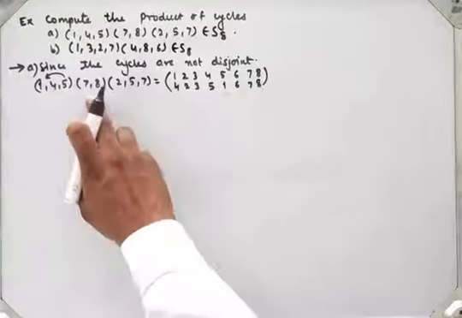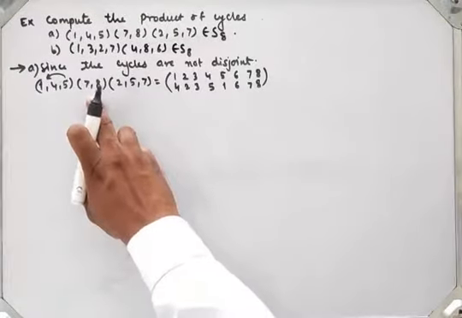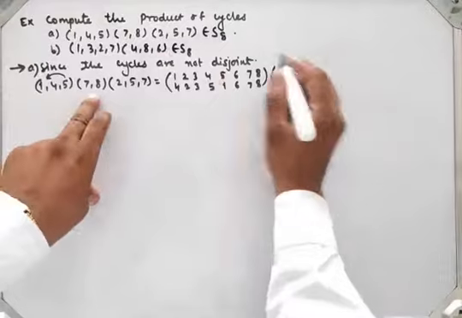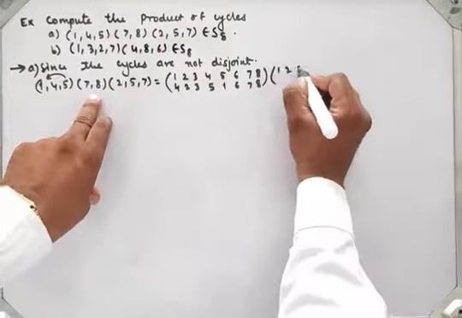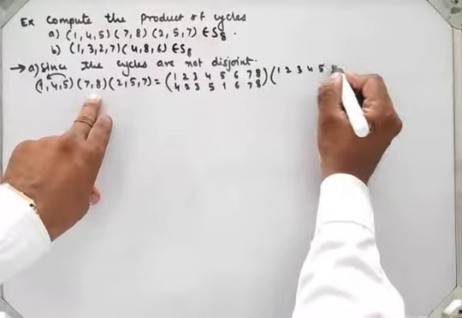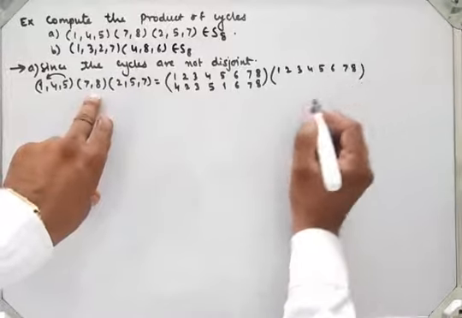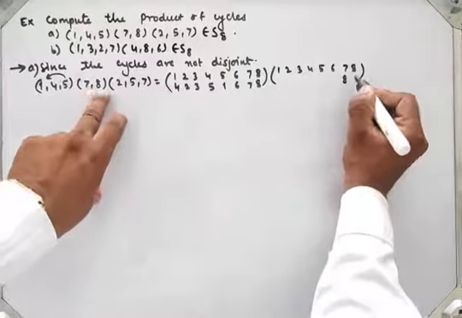Now for the second cycle we have to find the second permutation. Again there are 8 elements, 1 2 3 4 5 6 7 8. Here 7 goes to 8 and 8 goes to 7.